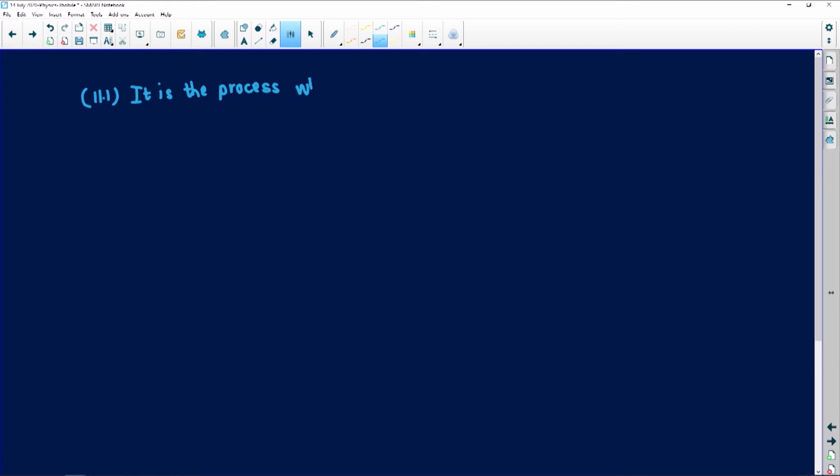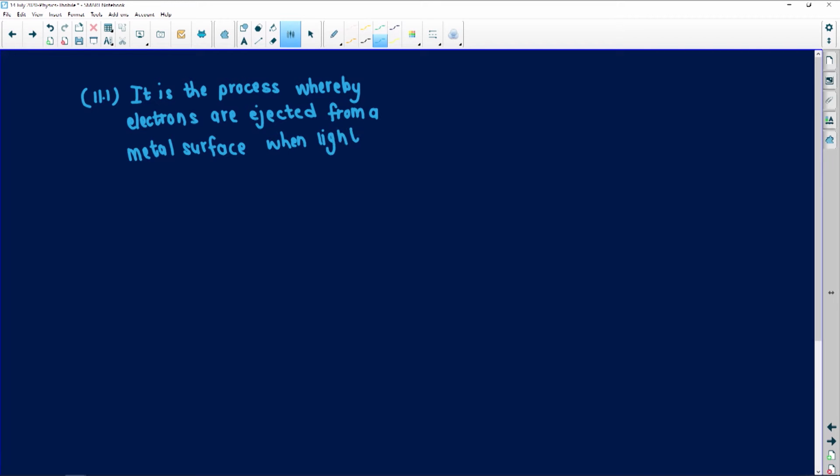It is a process whereby electrons are ejected from a metal surface, and this is because when light, now remember, not all types of light, of suitable frequency is incident on it.